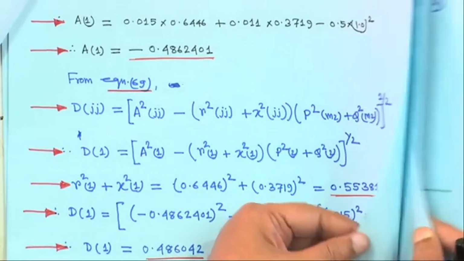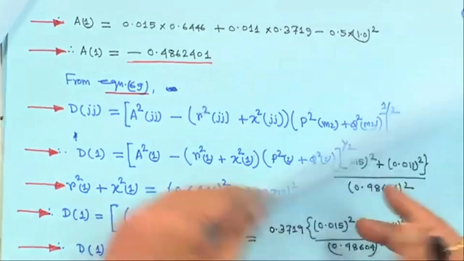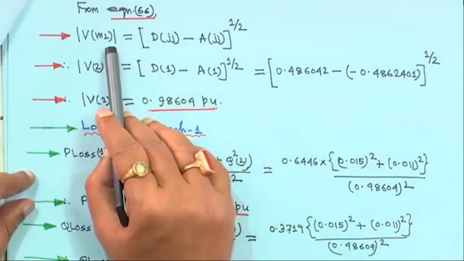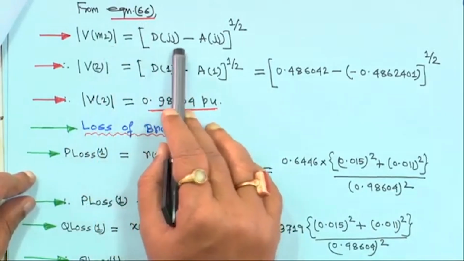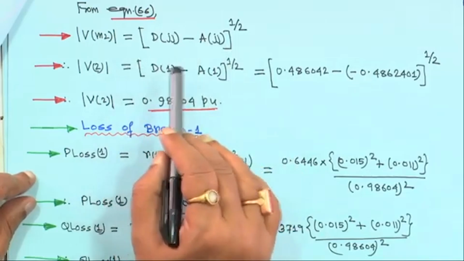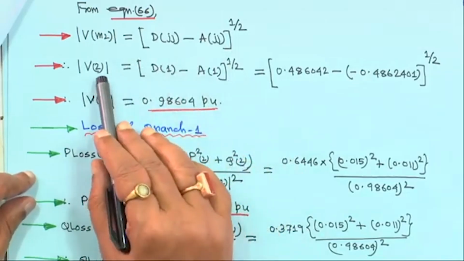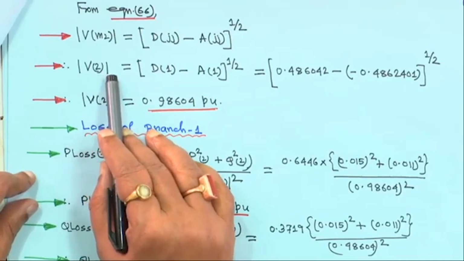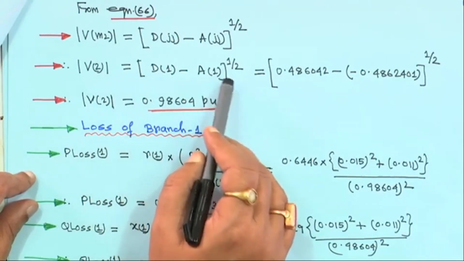Next is calculation of voltage magnitude. So, from equation 66 we know that voltage magnitude Vm2 is equal to (Djj minus Ajj) to the power half, right, but for jj is equal to 1, m2 is equal to 2, this is the very first iteration going on. So, magnitude V2 is equal to (D1 minus A1) to the power half.